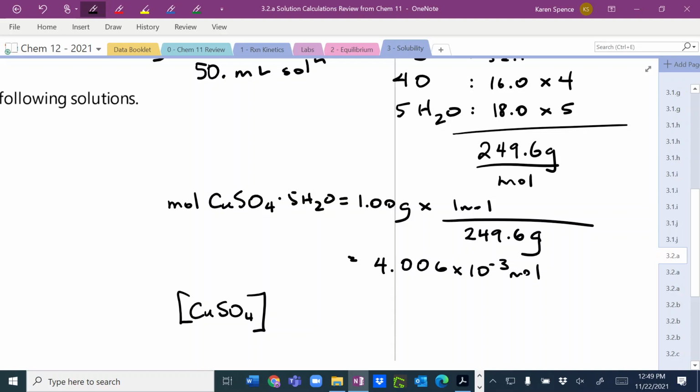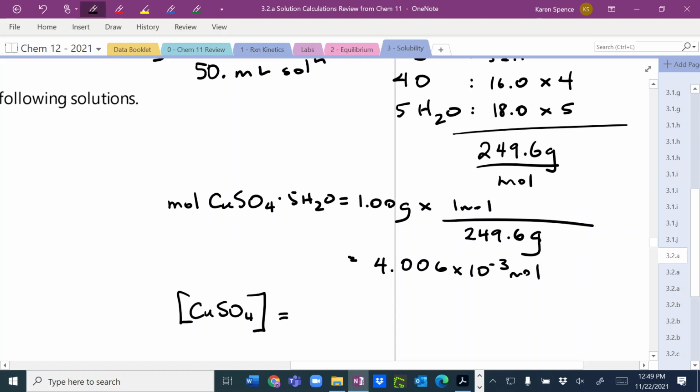Any water that was in there will just be released and go join the rest of the water and be part of the solvent. So we really don't have to worry about that water at all, other than the fact that when we're taking our grams and turning it into moles, we need to have that water as part of the molar mass. Okay? Because there's one of these for every one of those, it will be the same.